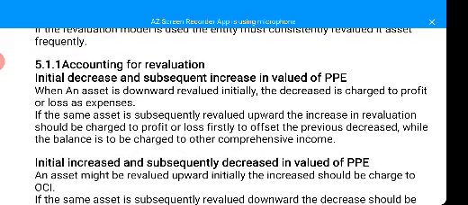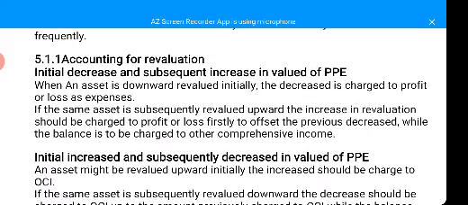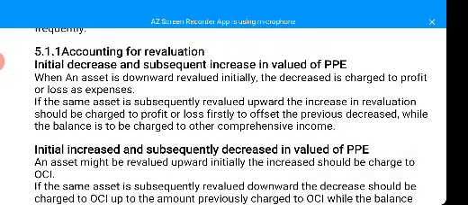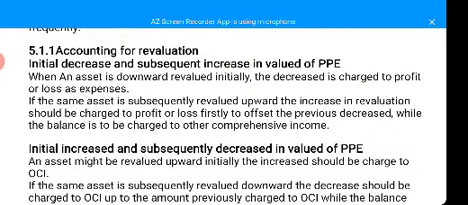The new revalued amount is now 18 naira. The difference is 2 naira. That 2 naira should be taken to your profit or loss as an expense. It is called impairment. That means the first time you revalue an asset and it's downward, it will be called impairment, and it will be taken to your profit or loss.